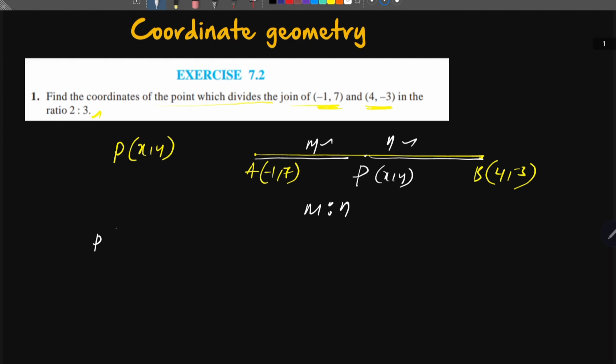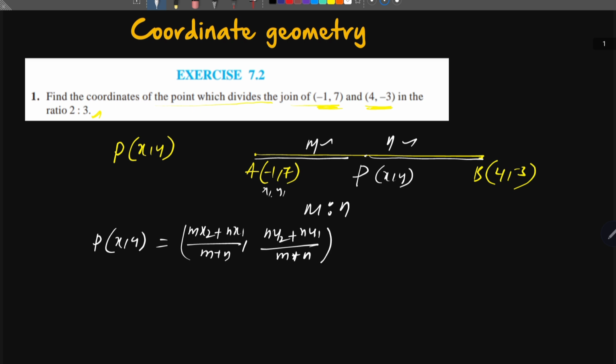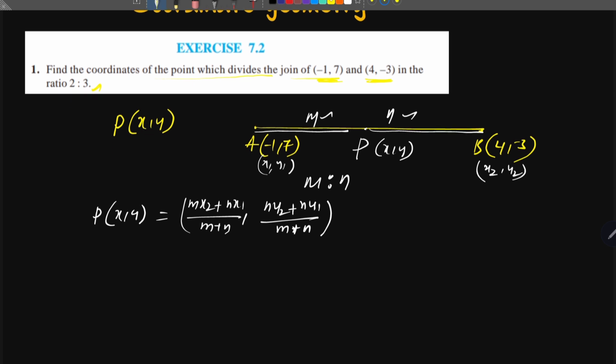Now I'll write the point P(x, y), which by the section formula is equal to (mx2 + nx1)/(m + n), (my2 + ny1)/(m + n). The first point is (x1, y1) and the second point is (x2, y2). Replacing these values, m and n are 2 and 3 according to the question.